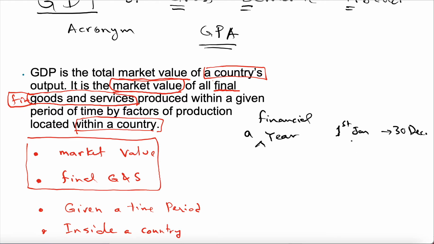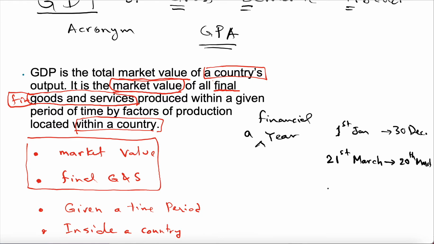Okay, so this is in Oman. In Iran, financial year starts 21st of March. You may say, why is this like that? And it ends on 20th of March next year.